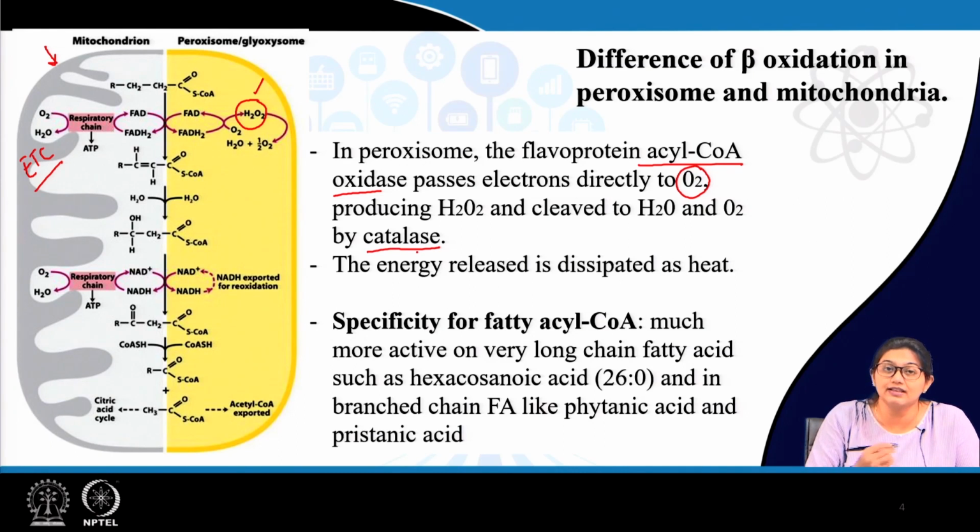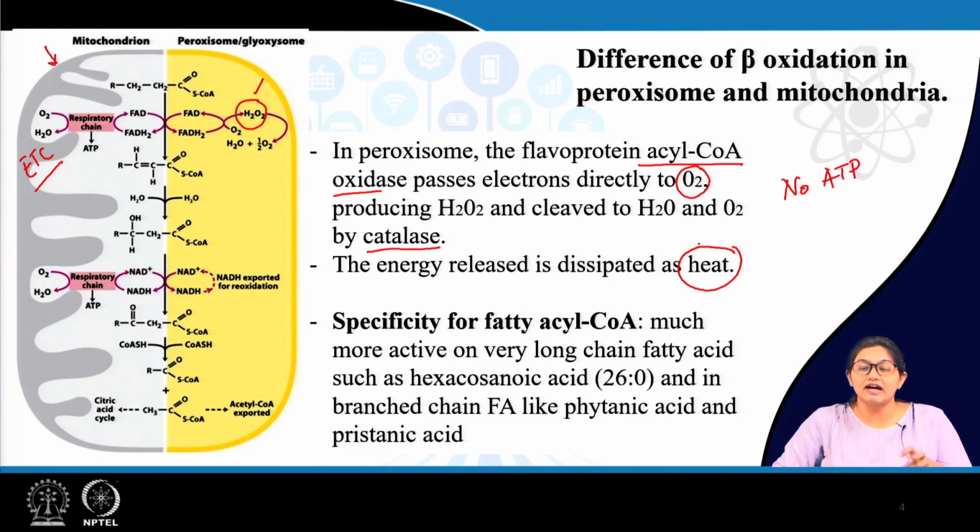So, basically here no ATP is formed. No ATP from this stage, rather the energy released is dissipated as heat.